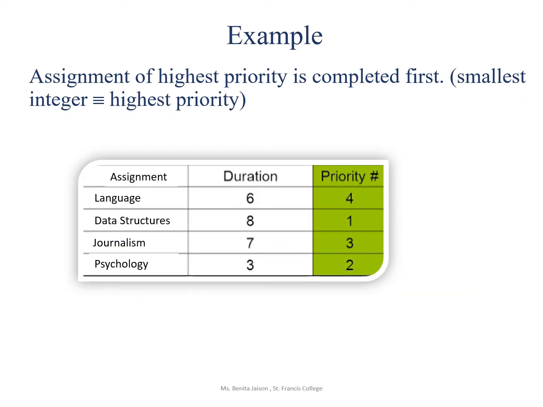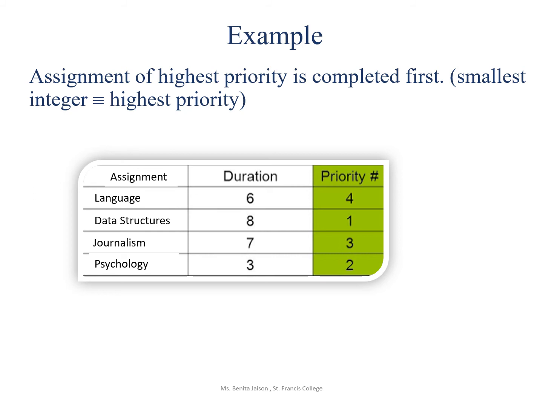Suppose in this example of priority queue, a list of assignments with the priority assigned for each of the subject assignment is given below, in which smallest integer of priority shows that it is having the highest priority.